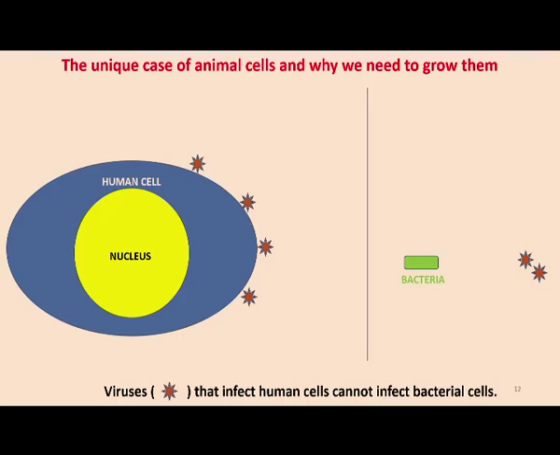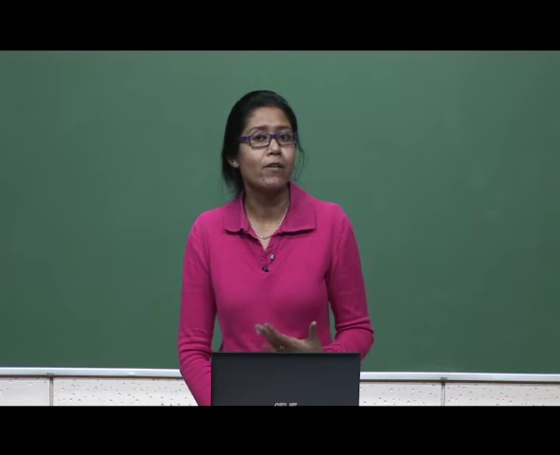Now, before we go into applications of animal cell culture, let us recapitulate what we had learned in the very first lecture. When we were discussing why we need animal cell culture, we had seen that there are a lot of different viruses which infect humans, but wouldn't necessarily infect a bacterial cell, or even for that matter mouse.